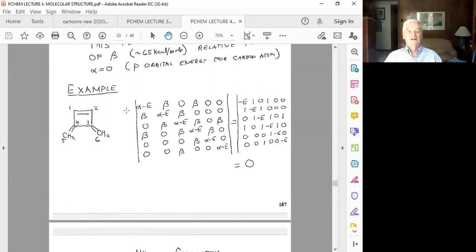Each row represents a particular carbon atom: carbon atom 1, carbon atom 2, carbon atom 3, all the way through 6. Similarly, each column represents a particular carbon atom. If we have two different carbon atoms, like row 2, column 3, this is position H23, and that's a question of whether carbon atom 2 interacts with carbon 3.